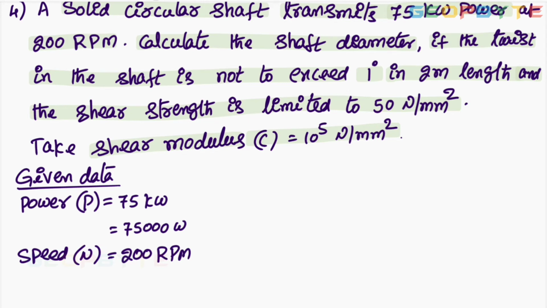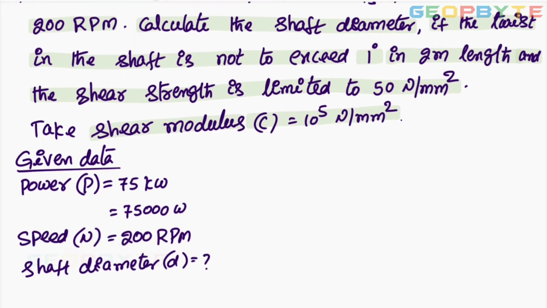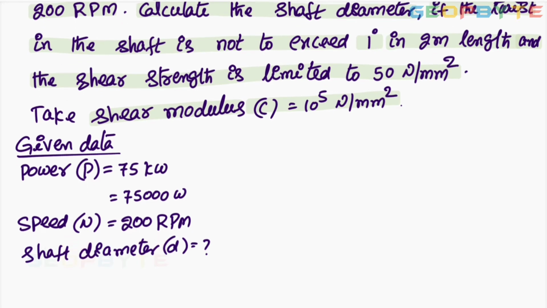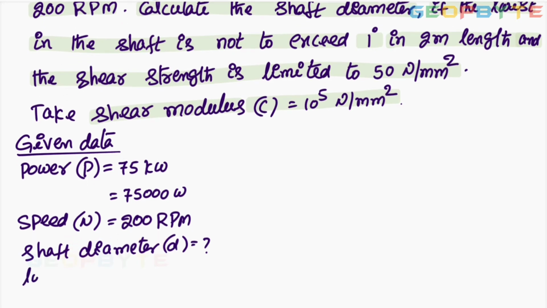Calculate the shaft diameter D. If the twist in the shaft is not to exceed the twisting angle, theta equals 1 degree.